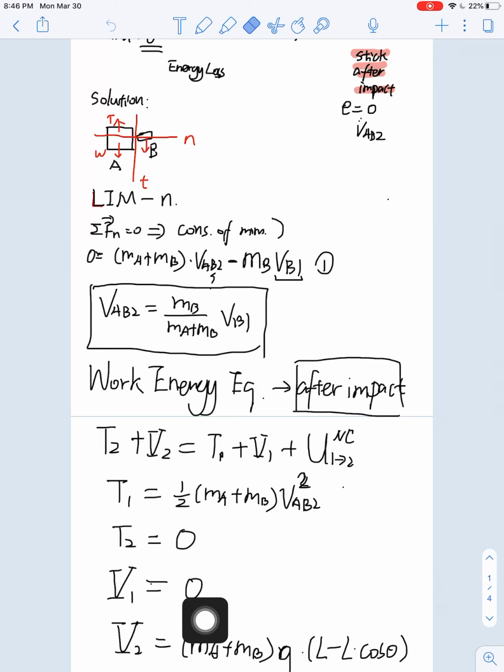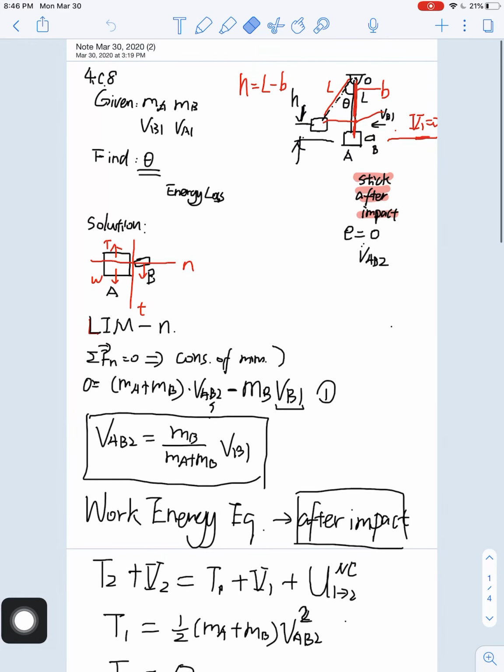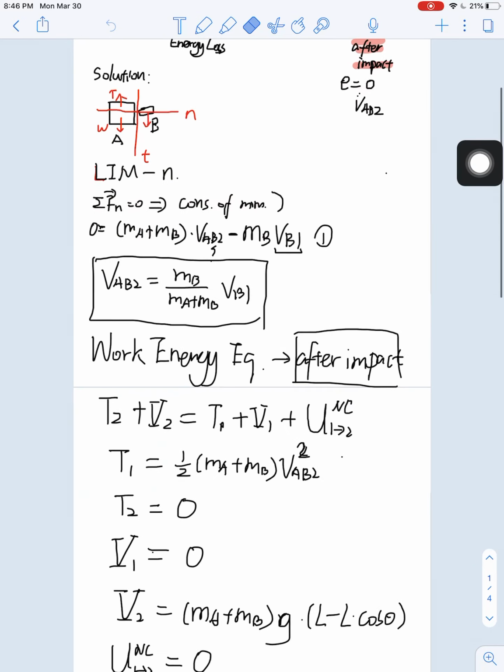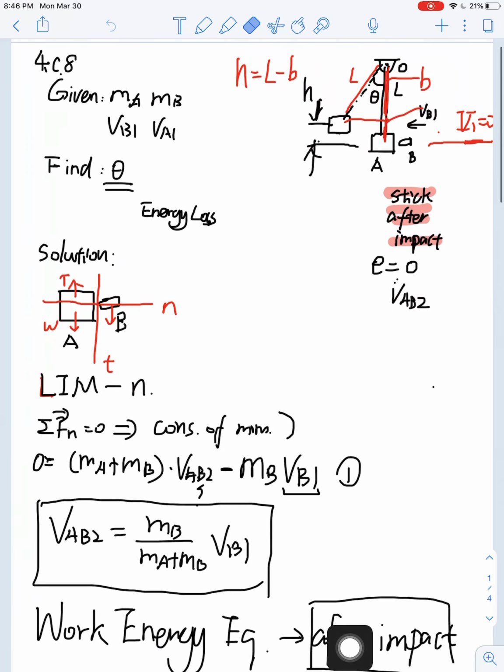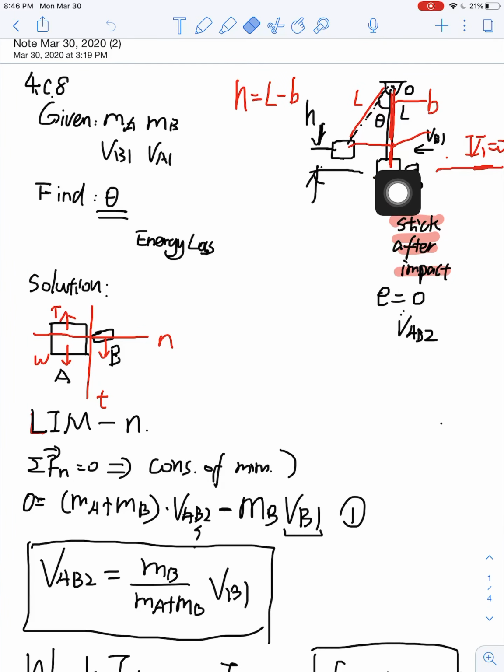And V1 is the potential energy at position 1. We can set a zero potential energy reference point at the initial position, and then that will give us V1 equal to 0. The potential energy at position 2 is going to be MA plus MB times g times the height h. But this depends on how far both B and A move.